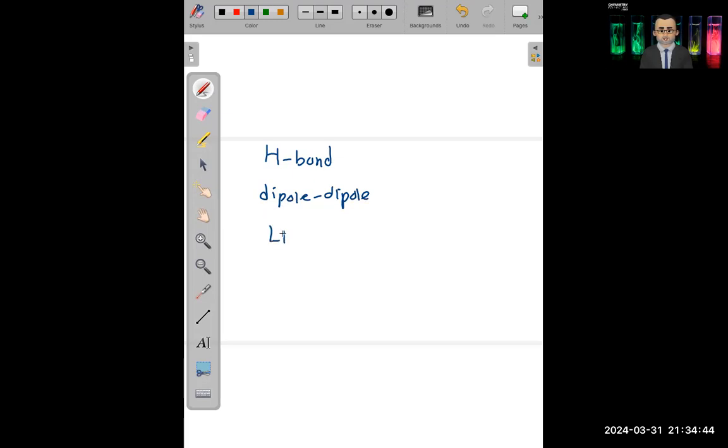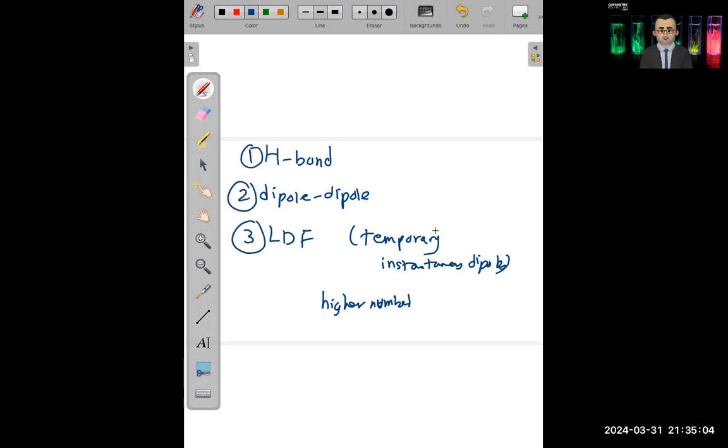And if it has LDF, or an instantaneous or temporary dipole, it will be much weaker, and will be strong only if it has a higher number of electrons.